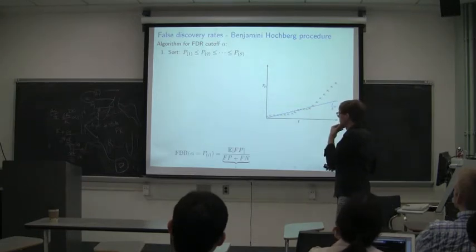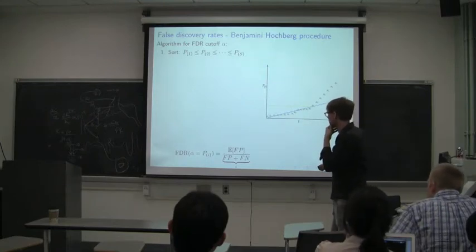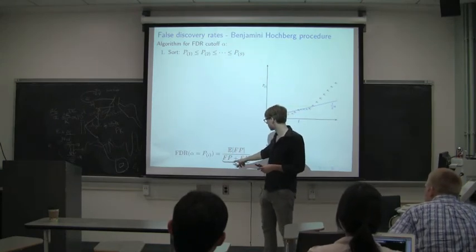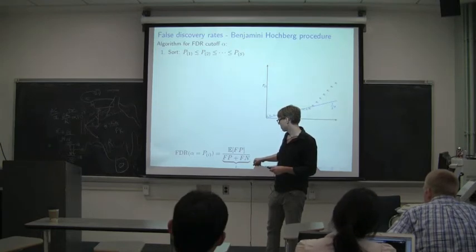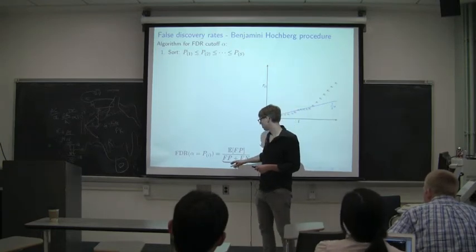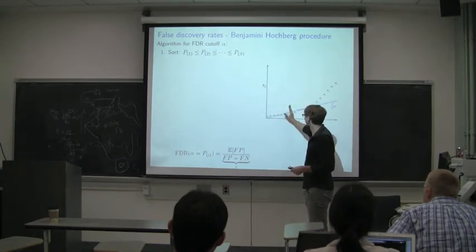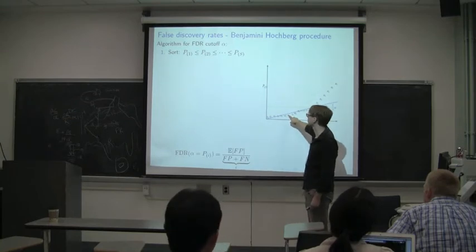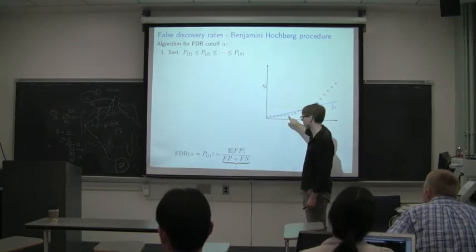Okay, so let's look at the false discovery rate. We said it's the expectation of the false positives divided by the number of positives. Now, at a given i, where i is the index of the sorted p-values, we know that all the p-values before i are smaller.